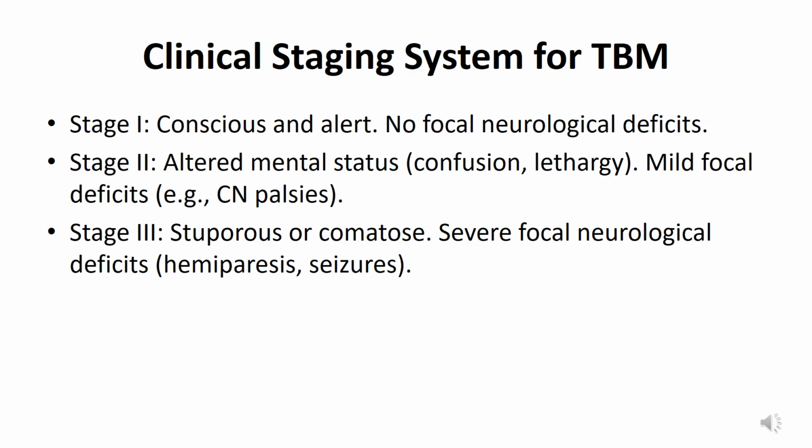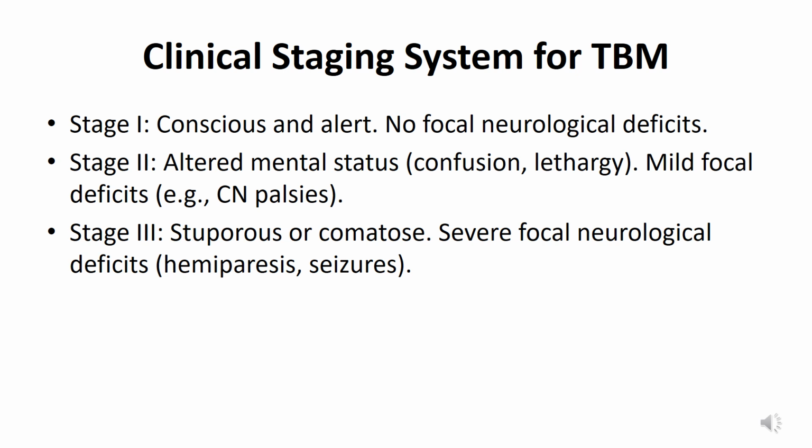Let's begin with stage 1. This is the earliest and most favorable stage of disease. Patients are typically conscious, alert, and fully oriented. They can usually communicate normally and perform routine activities without significant neurological impairment. At this point, there are no focal neurological deficits.